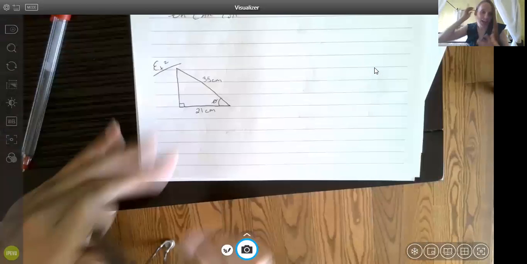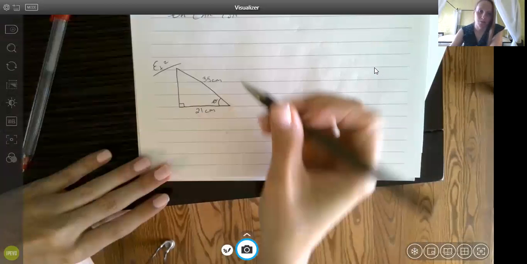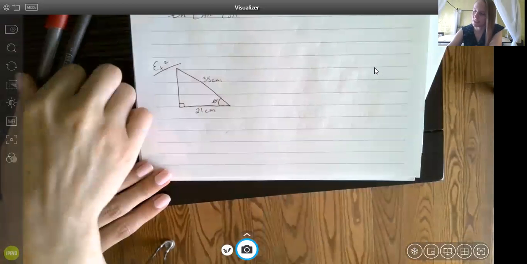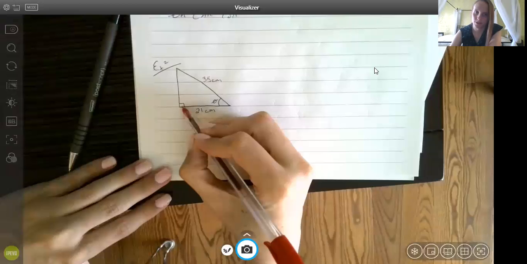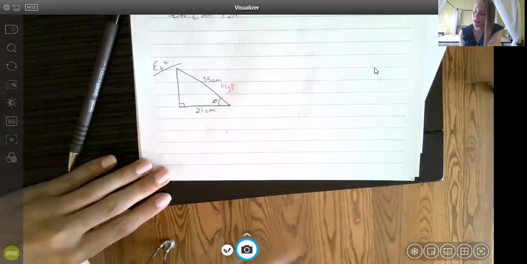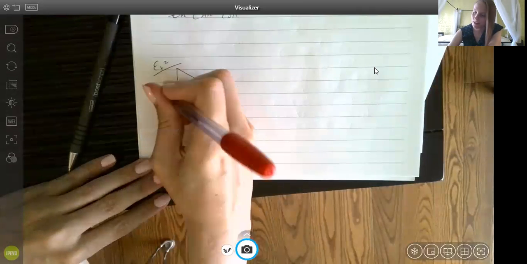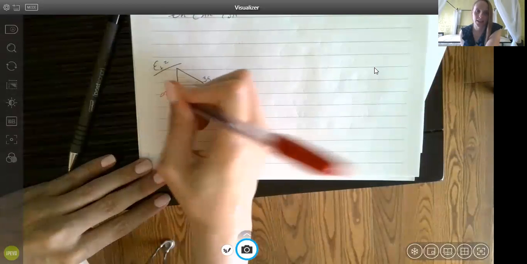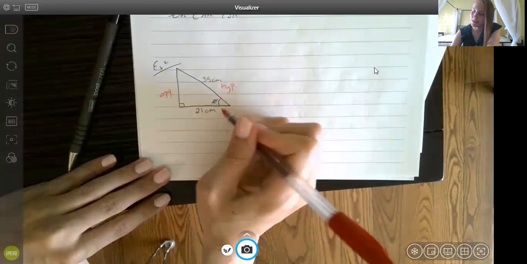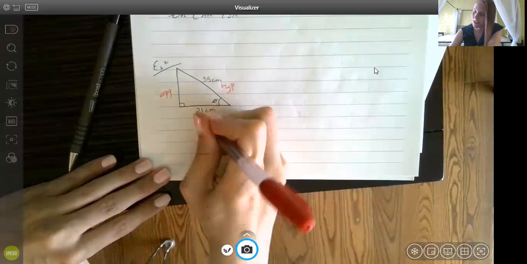So for this one, I haven't told you that you need to solve the triangle. I've just given you an angle that you can solve for. Again, step 1, label the sides of this thing. So our hypotenuse across from the right angle is going to be the 35. The opposite side across from the angle I'm given is that one there. And then 21 is going to be my adjacent side.